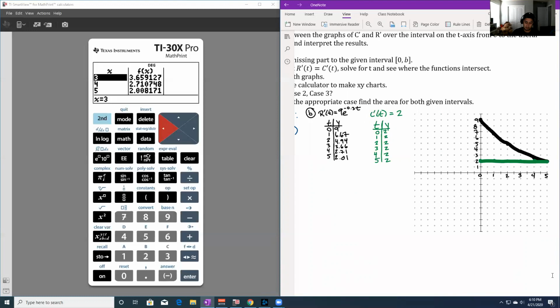And what we want is the area between these two functions. So that's r prime of t, and this is c prime of t.